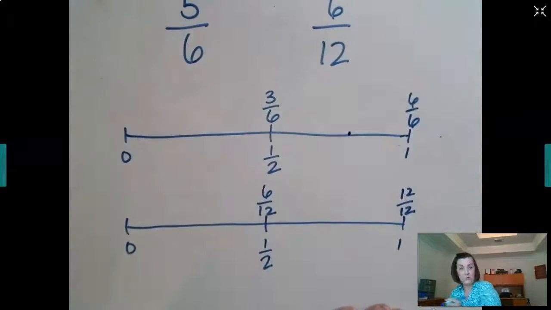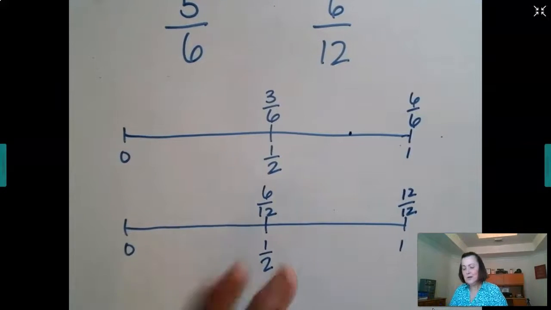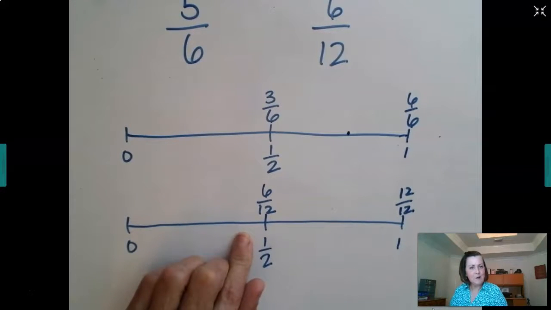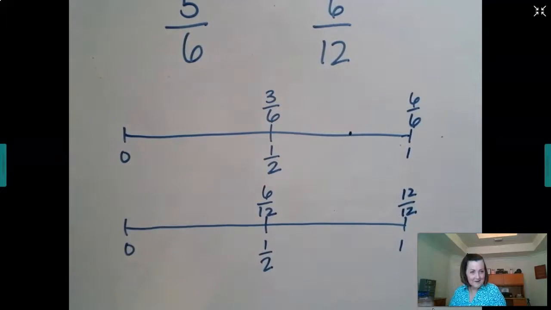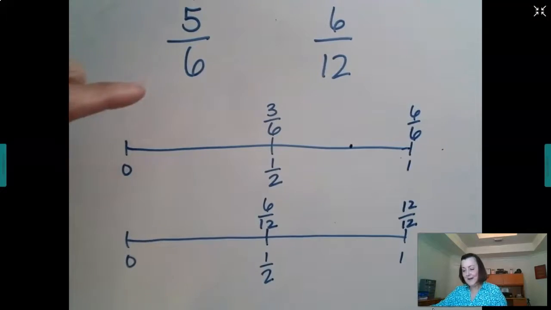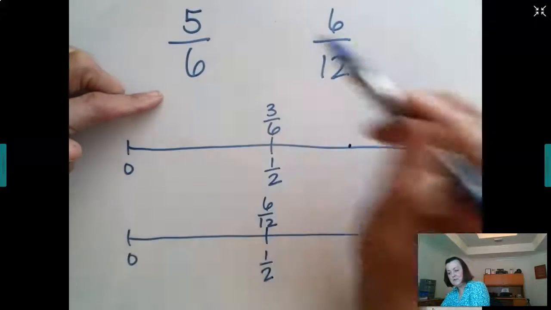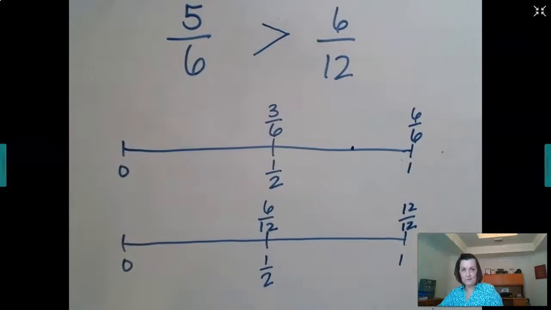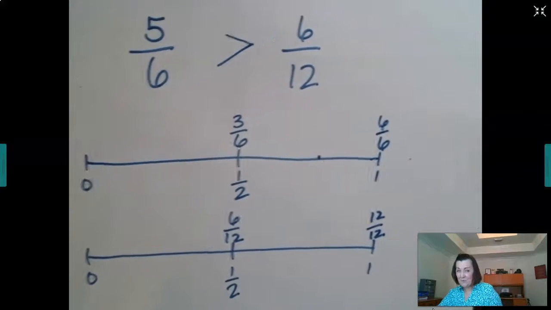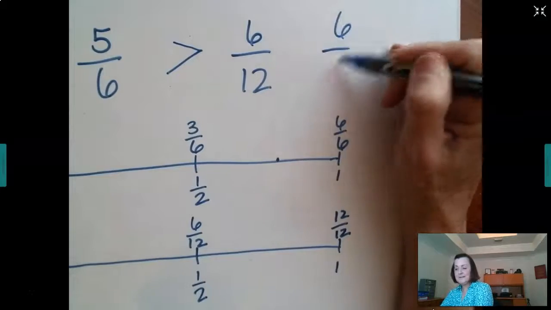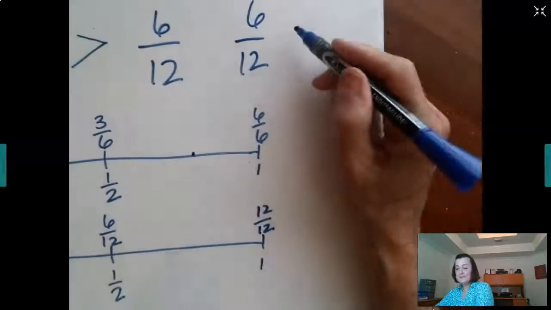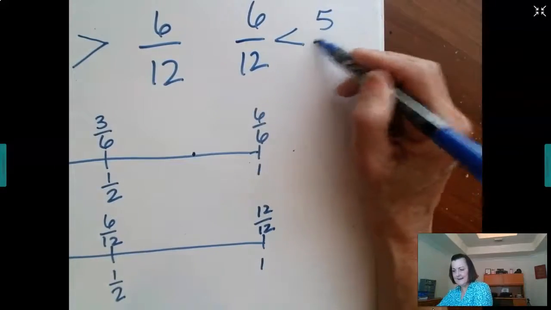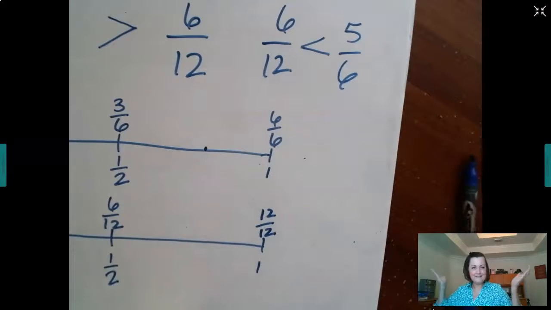So we know it's greater than 1/2. And what about 6/12? It's equal to 1/2. Therefore, we know that 5/6 is going to be greater than 6/12. And did you write it a different way? We can also say that 6/12 is less than 5/6.